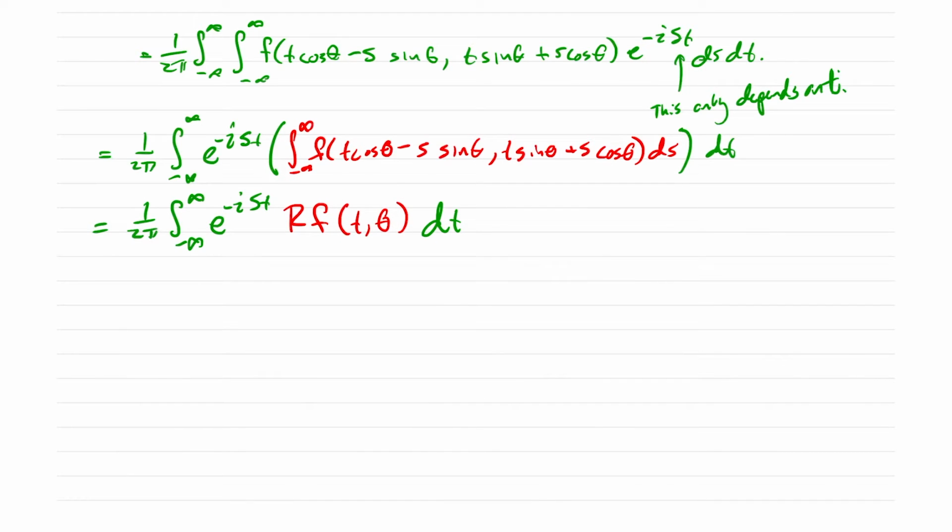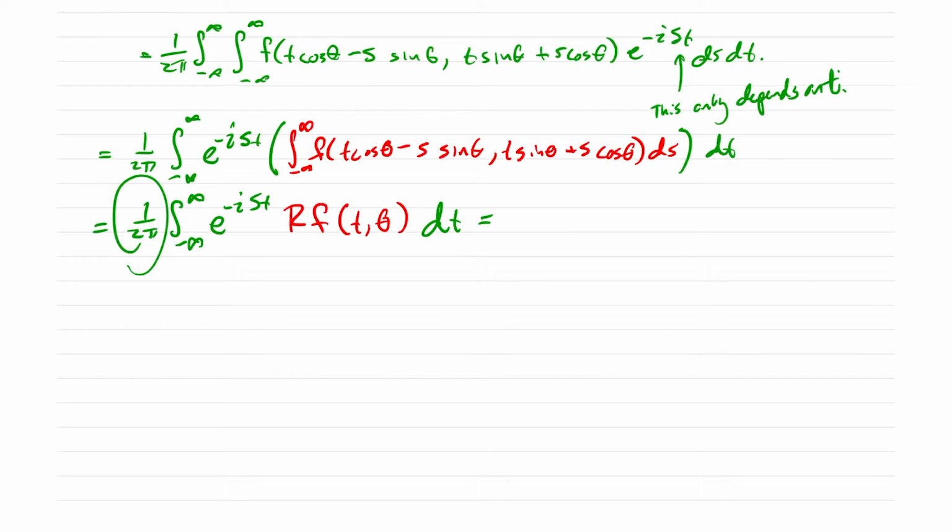Okay, so now what is that? We can see that this is running through the first variable t, just doing dt here. Theta is fixed, so this is a Fourier transform with respect to the first variable of the Radon transform of f. And it's pretty close.